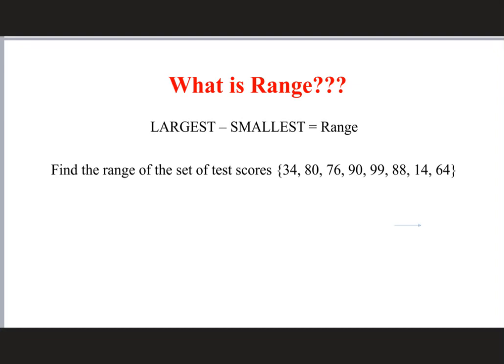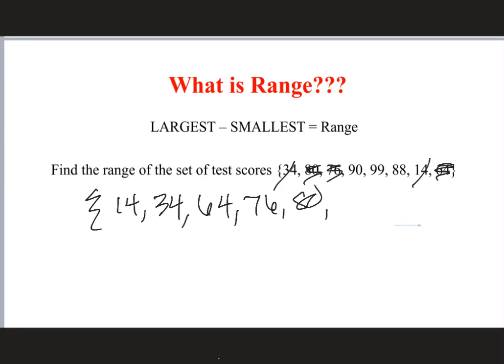Now, I would get in the habit of always putting your data from least to greatest. So we have 14, 34, no matter what you're doing, okay? 64, 80, oops, I forgot 76. 76, 80, 88, 90, and 99.